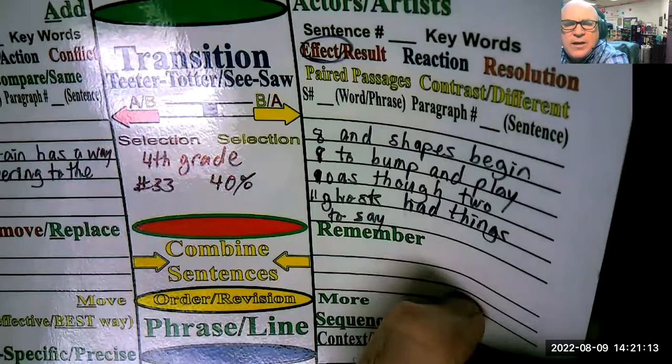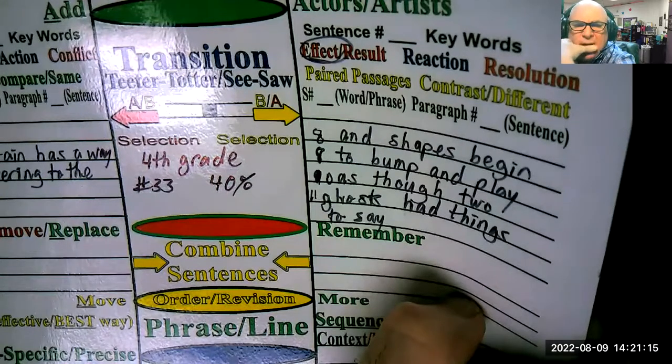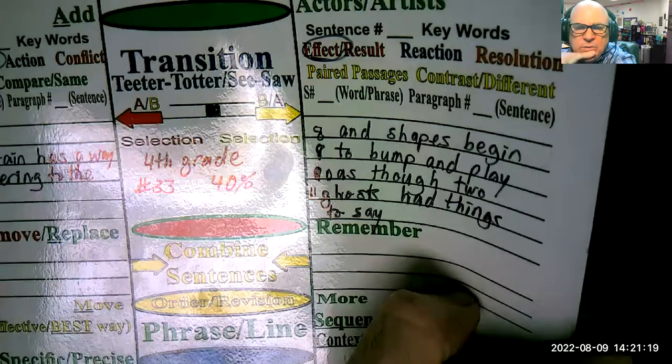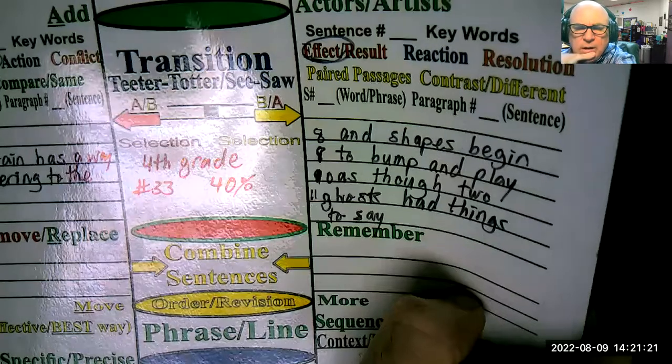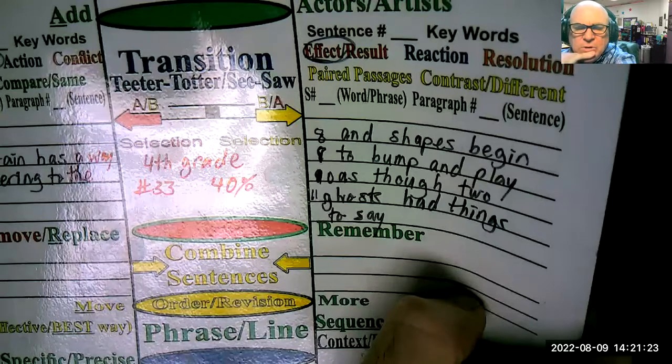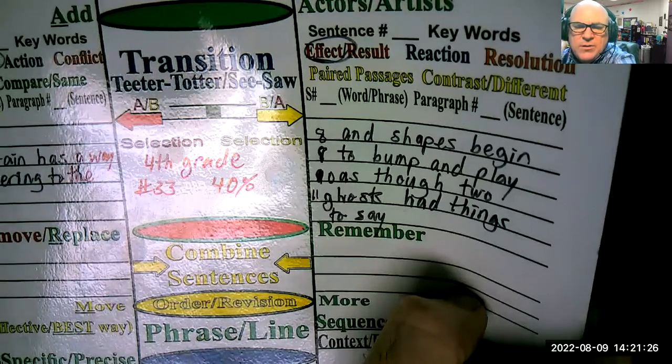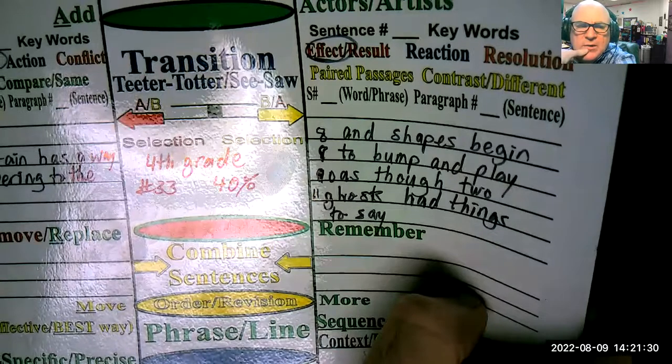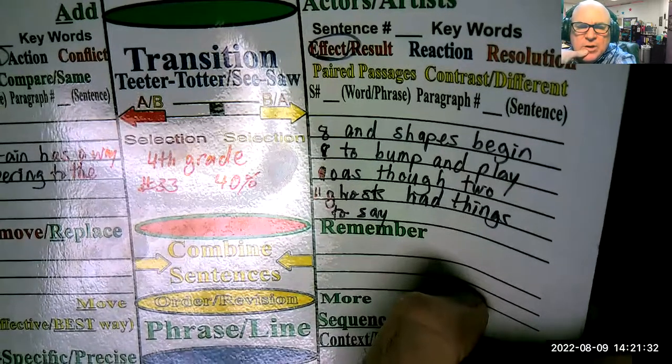had things to say. So I don't think that things are actually playing with each other. I don't think that there's ghosts that are talking to each other, being in this case the curtain and the shade.